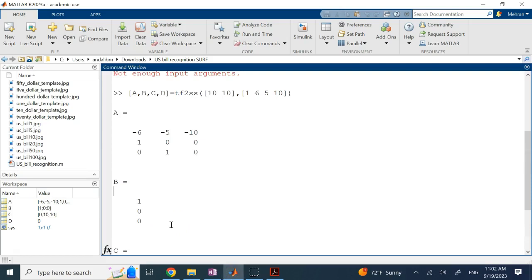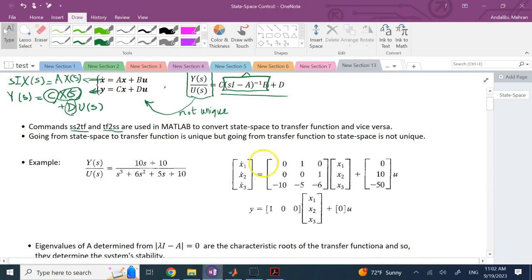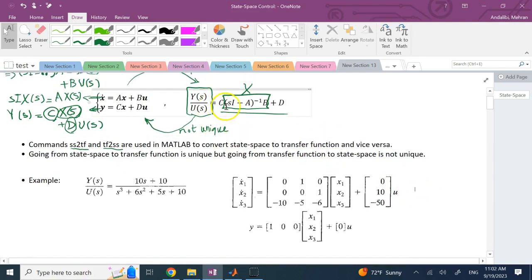So you see that in this example that I got from the book by Ogata, there is one representation, and MATLAB gave you another representation in the state space. As I said, going from transfer function to state space is not unique.